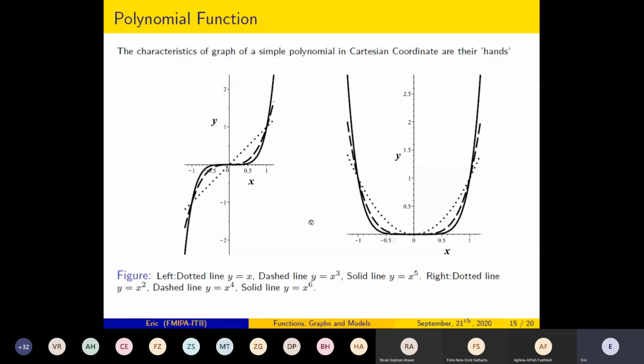But if you look carefully, this is y equals x squared, the dotted line. The dashed line is x to the 4. The solid line is x to the 6. You look at this, the hands are always both going upward, or both going downward.